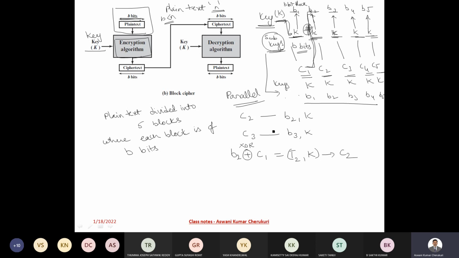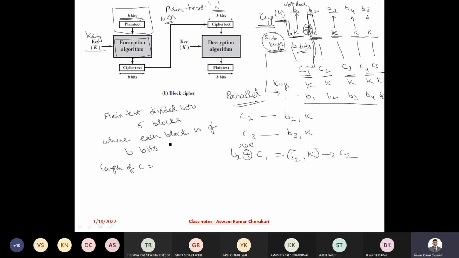What would be the length of C1, or C2, C3, C4, C5? What is C?